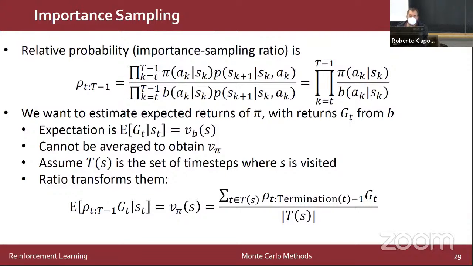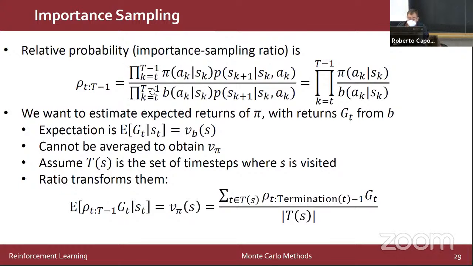If I get a transition where my robot is moving forward, this number will be very high, 0.9, and this will be 0.1 divided by 3, so this will be very small. And the weight, the importance that I need to give to this sample, is very small, because this is not very relevant for the target policy.